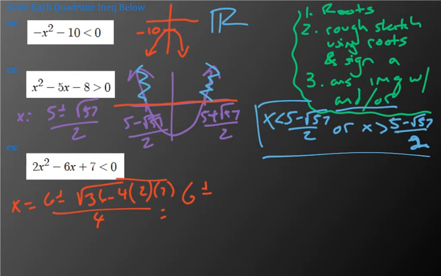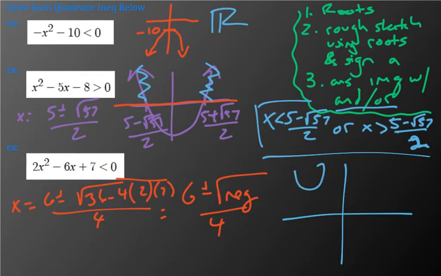What's important here is that 4 times 2 times 7 is bigger than 36. So really all I need to know is that this is a negative number in here. And if that's a negative number, it means that in the picture the quadratic is doing something like this. The quadratic opens up because A is positive.